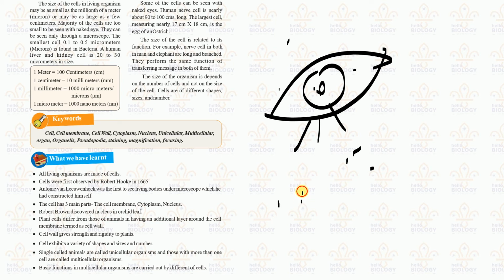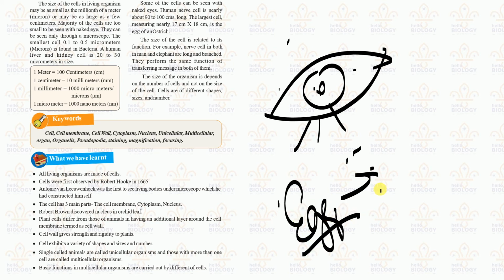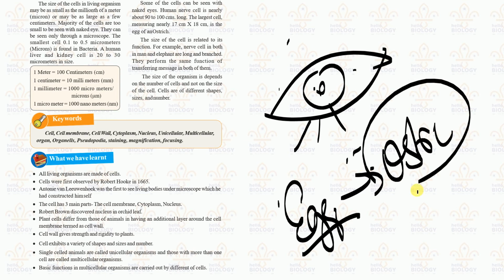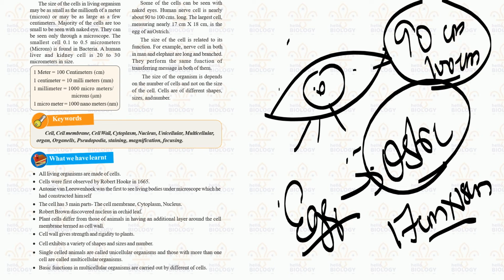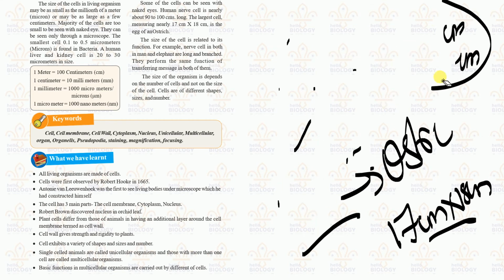For example, the egg of an ostrich is very big, nearly 17 centimeters by 18 centimeters. Even our nerve cell is 90 to 100 centimeters long. Our nerve cells are very long, and the size of the cell is related to its function also.